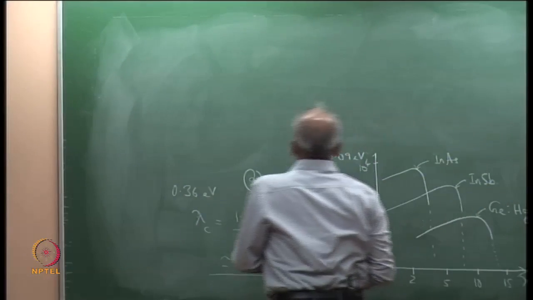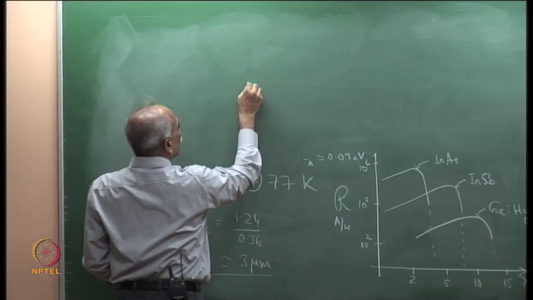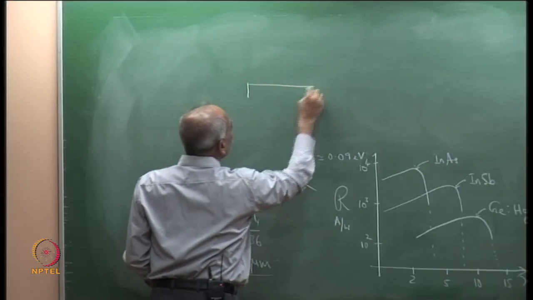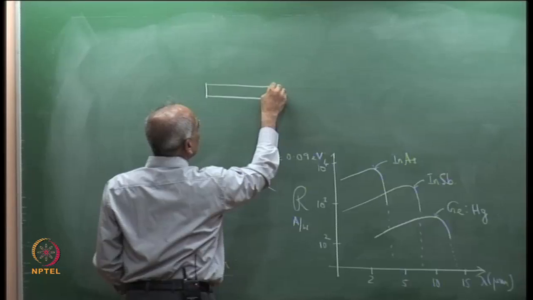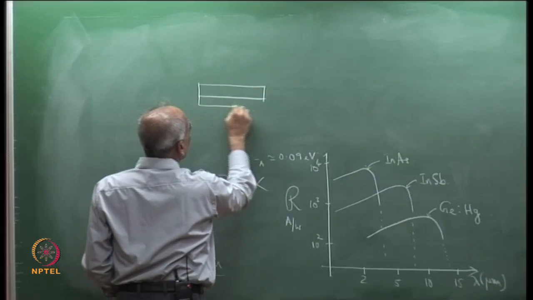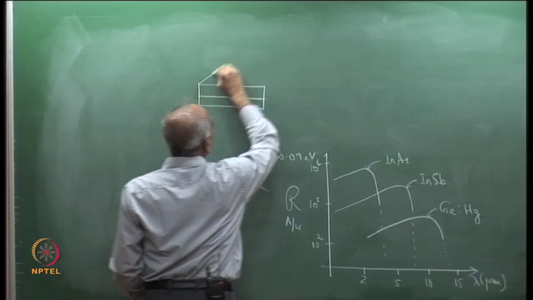So, the normal design where these photoconductors are used, they use IDEs, interdigitated electrodes. Let me show you.